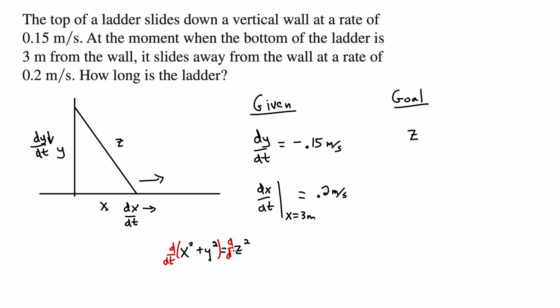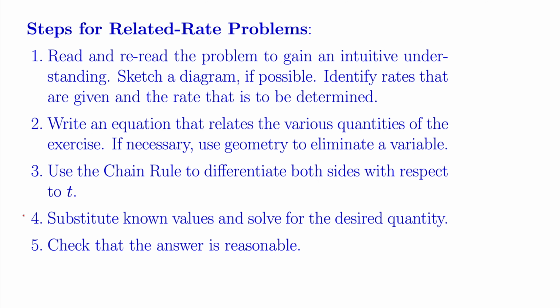Doing this derivative gives us 2x dx/dt plus 2y dy/dt equals 2z dz/dt. So there's our calculus step. Let's check in with our steps to see what to do next. On to step 4, substitute known values and solve for the desired quantity.